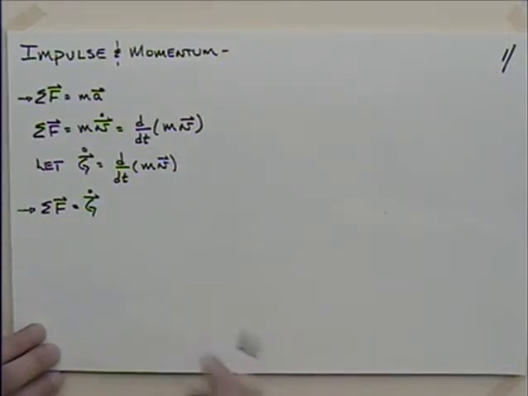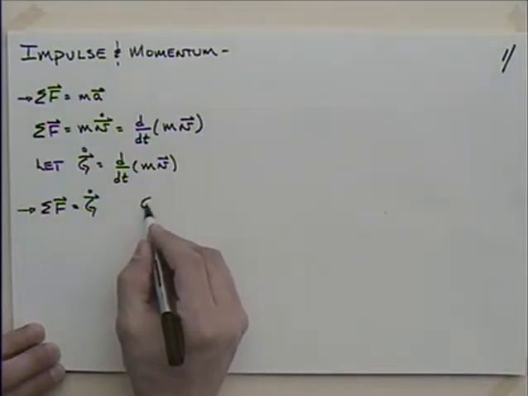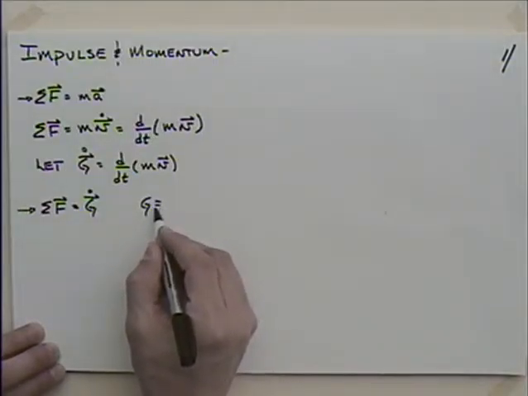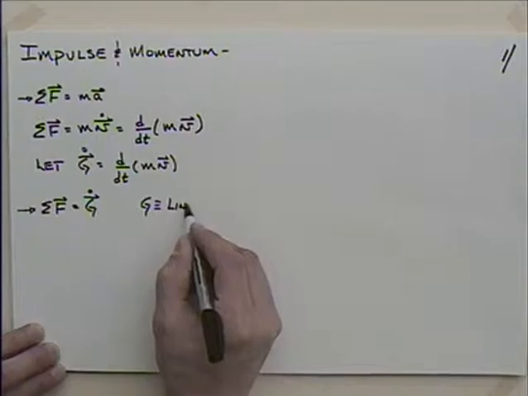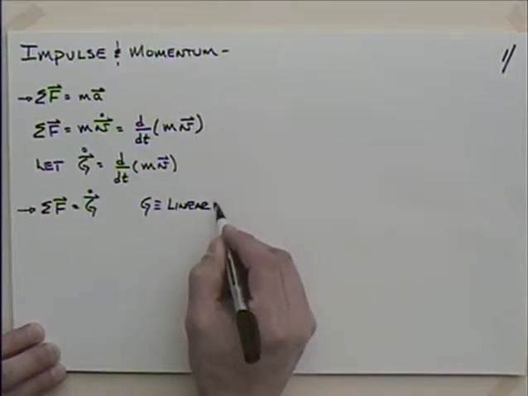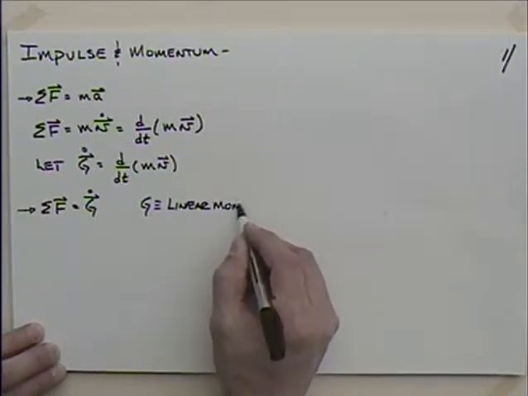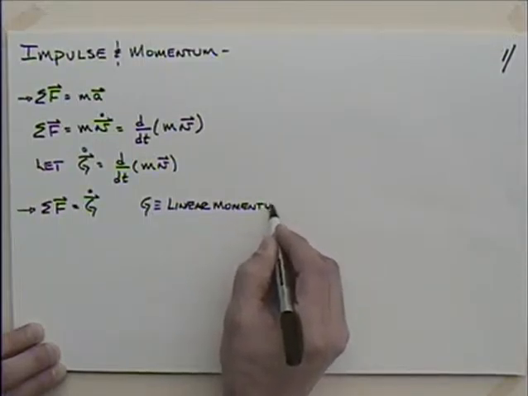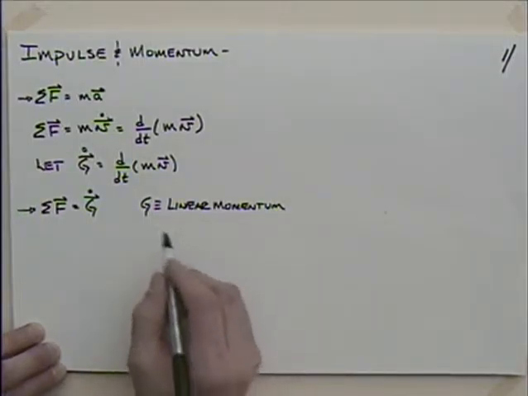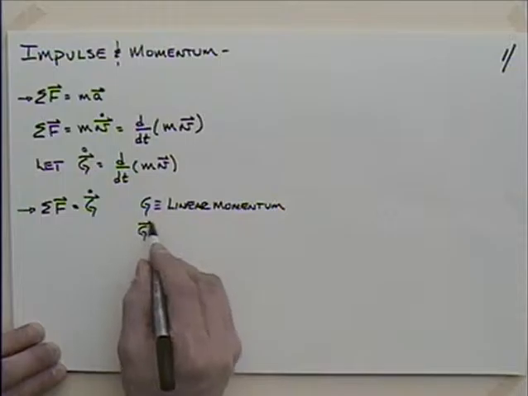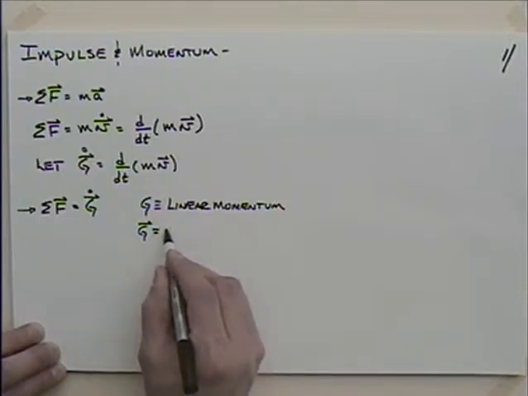And we probably want to define this G term where we can say that G is equal to the linear momentum. Or we could say that G, and it's certainly a vector, is equal to mv.